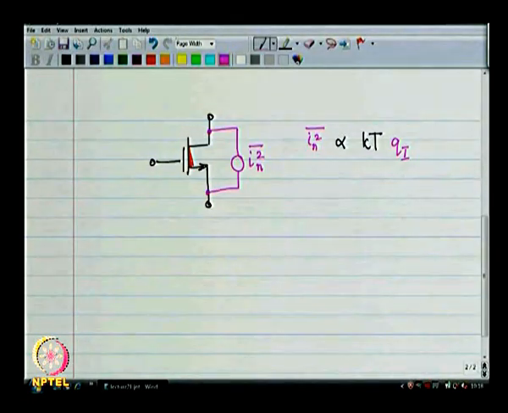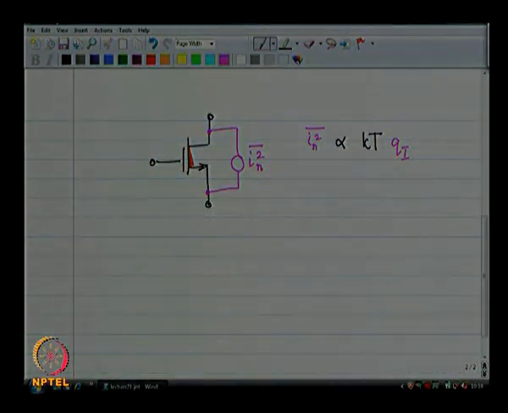So, it is going to be proportional to the number of electrons present in the channel. You can model this noise over all regions of operation with a formula that looks like this: kT times Qi, and then there are some other factors involved.